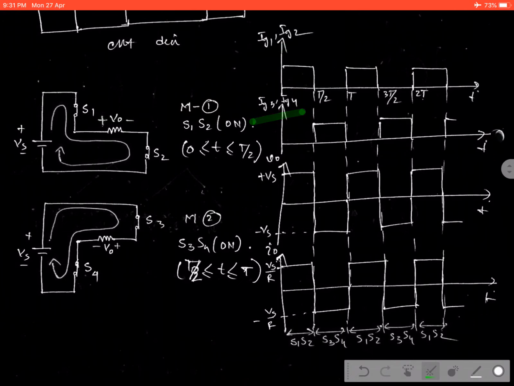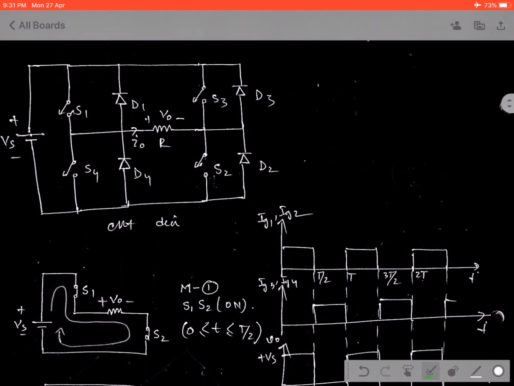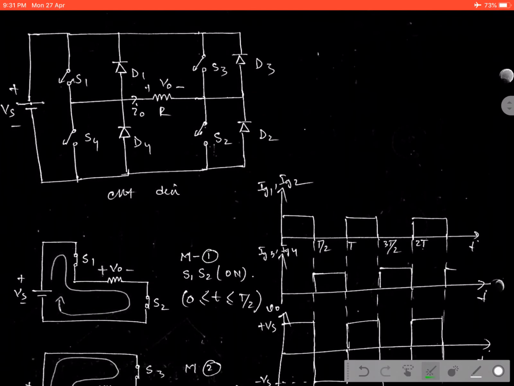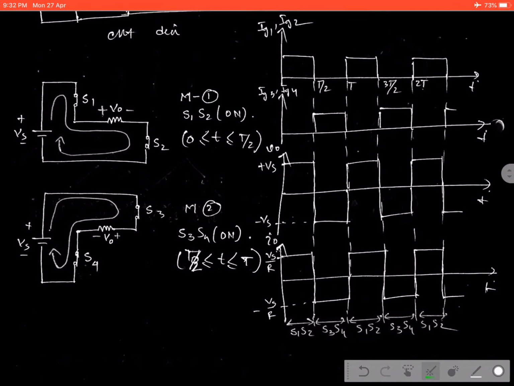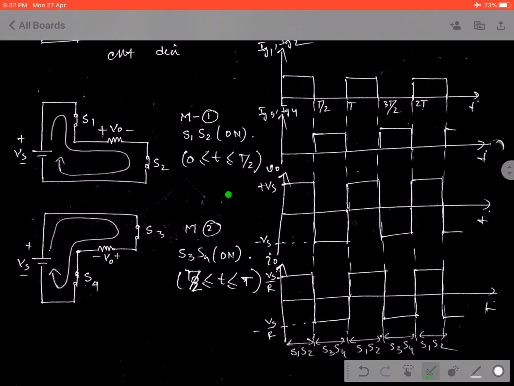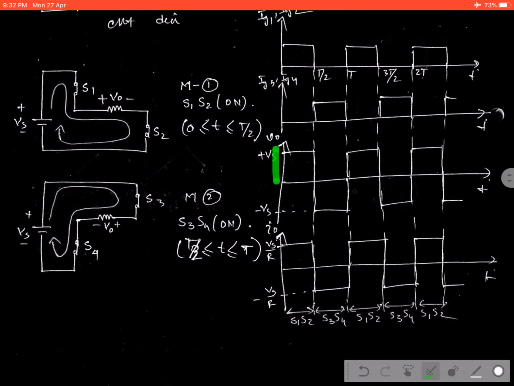But keep it in your mind, never give the triggering pulse to switches S1 and S4, or S3 and S2, at any instant, as it will provide a short circuit path. Then the thyristor switch can be permanently damaged. To avoid this damage, we give the triggering pulses in this way.